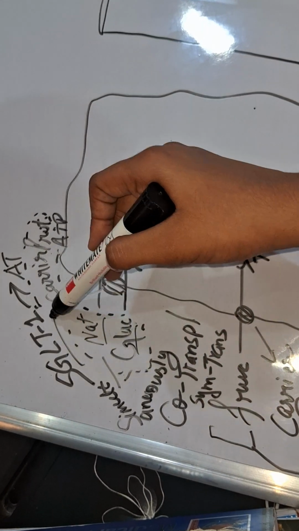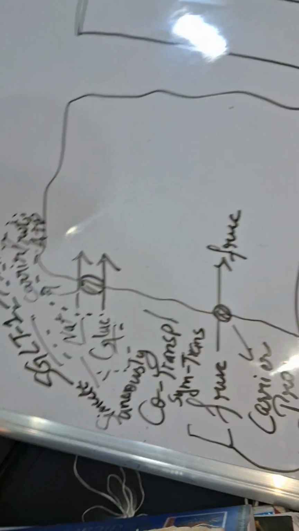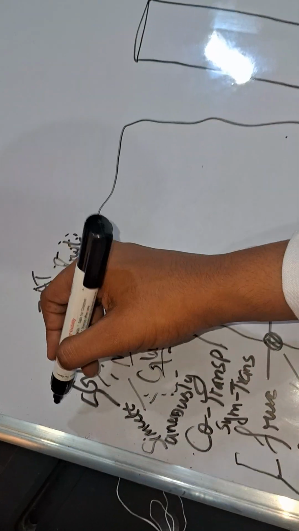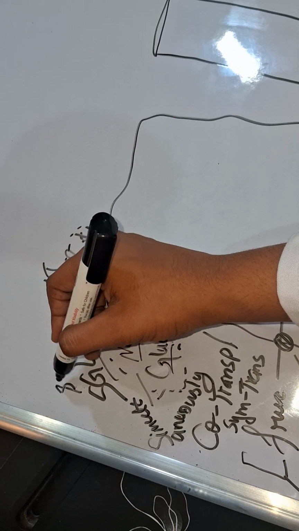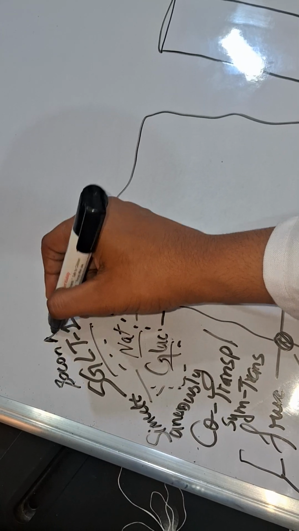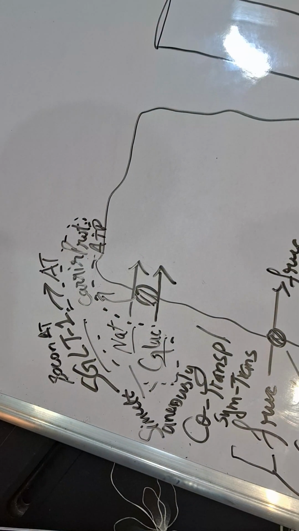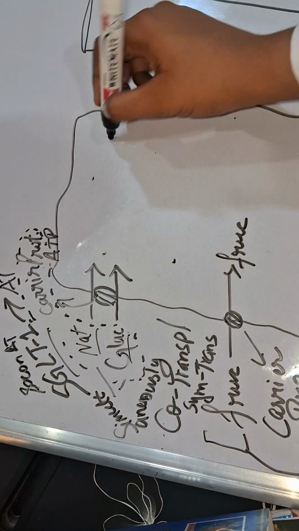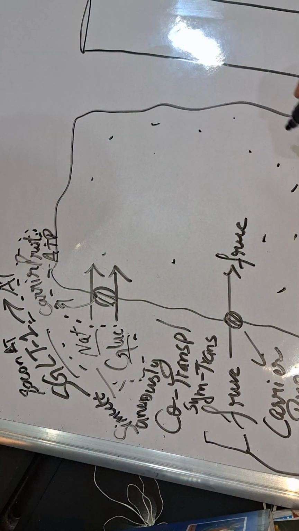Okay, SGLT1. Okay, the phenomenon is SGLT1. This is under secondary active transport. Now this is an intestinal cell.